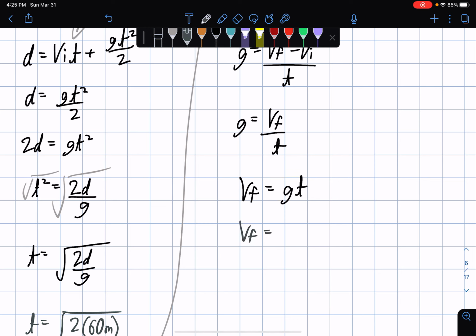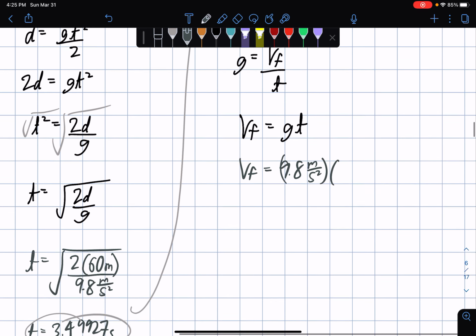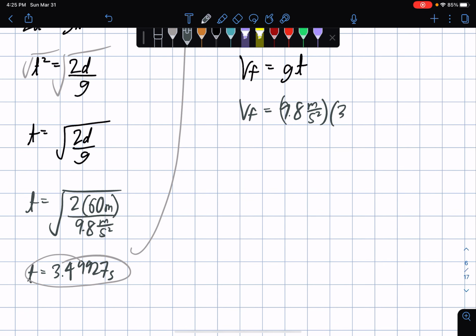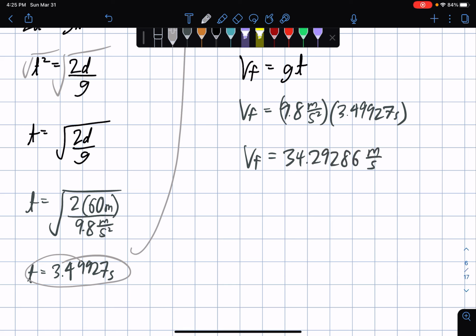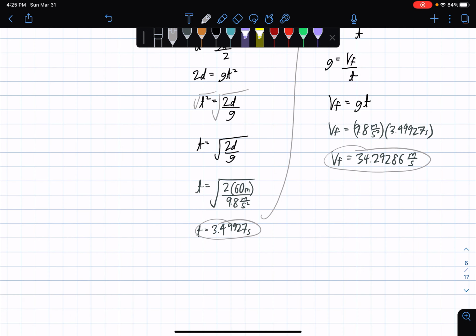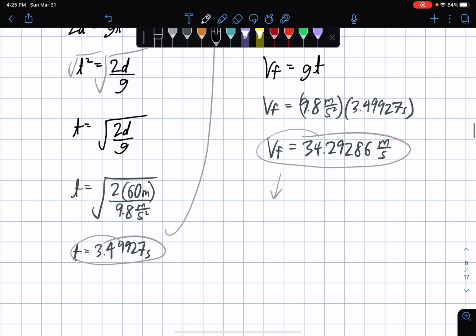Now, VF is equal to 9.8 times the time, which is what we solved earlier. It is 3.49927 seconds. So multiply those two values. Our answer is going to be 34.29286 meters per second.